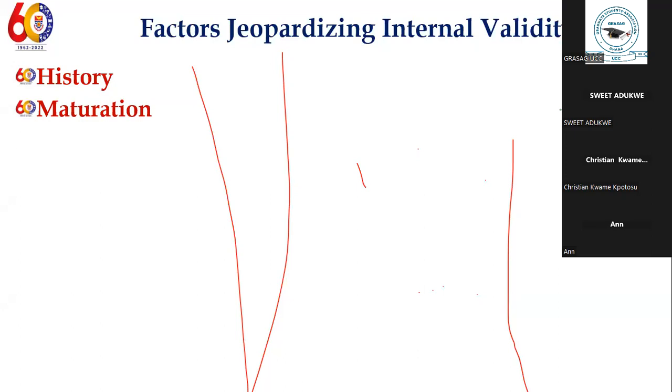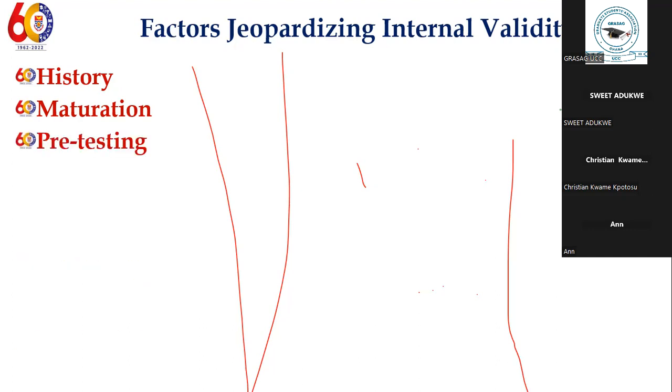If you are studying, let's say, the development of lung cancer in some individuals, you know lung cancer is sometimes associated with age and how quickly individuals develop it. So is it the case that the age of the individuals is what is affecting their development of that particular disease by the end of your study? This is something to take into consideration.